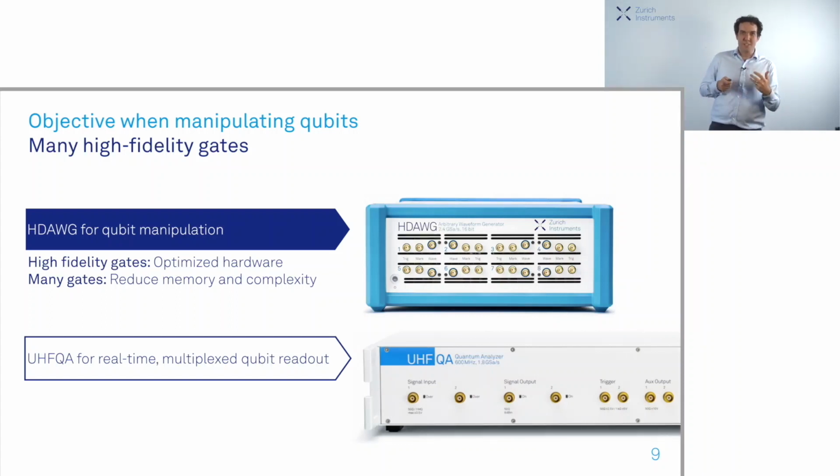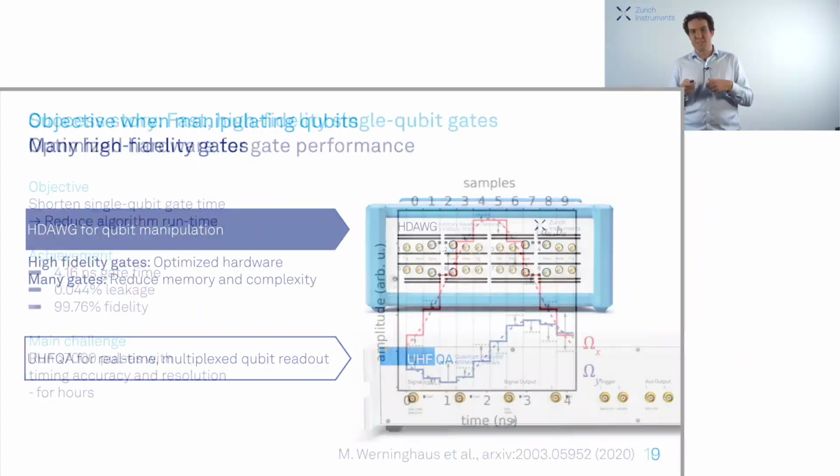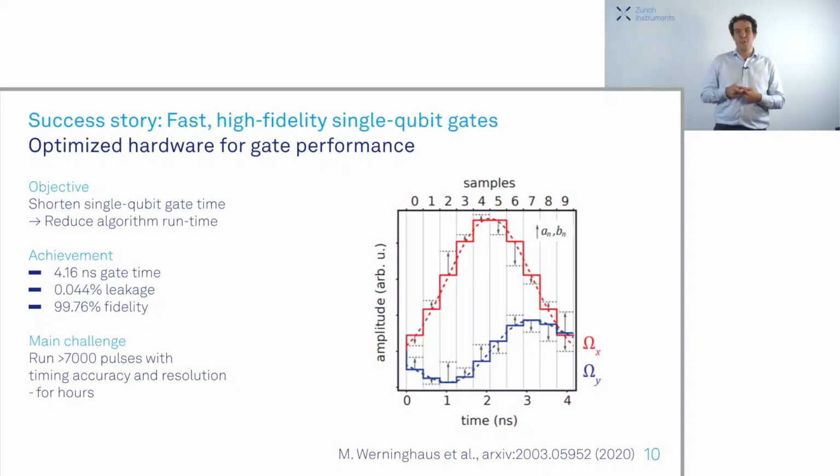So what is the best way to actually explain this, or what's the nicest way, which we all enjoy? This is looking at a nice result from the field. Here we discuss the example of IBM, which used one of our AWGs to make record short single qubit gates for superconducting circuits and with highest fidelity.